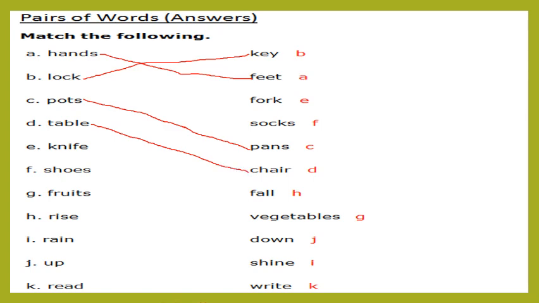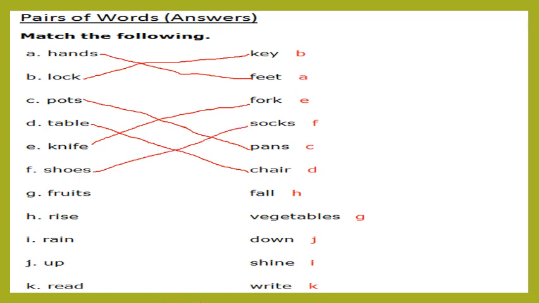Next E, knife. What is the answer for knife? Which is the word pair of the word knife? Correct. It's fork. So we'll match knife with the word fork. Next, F. Shoes. Shoes will match with socks.